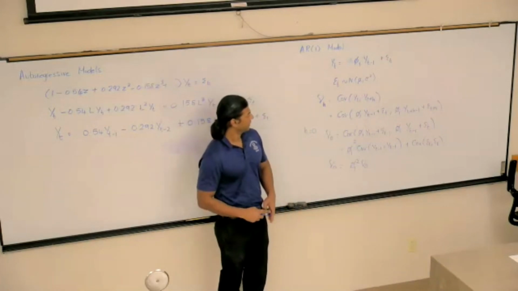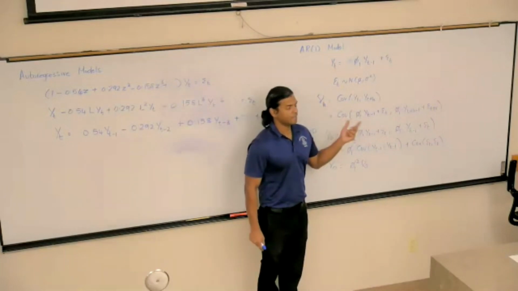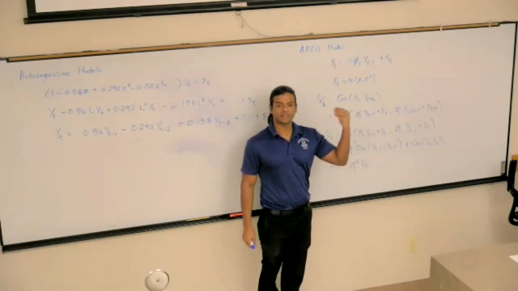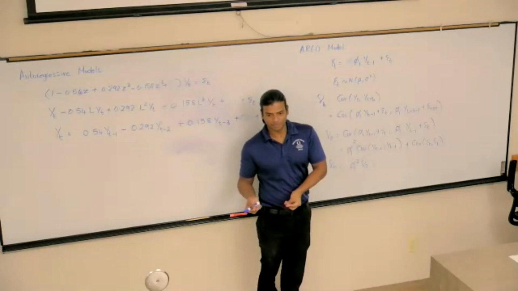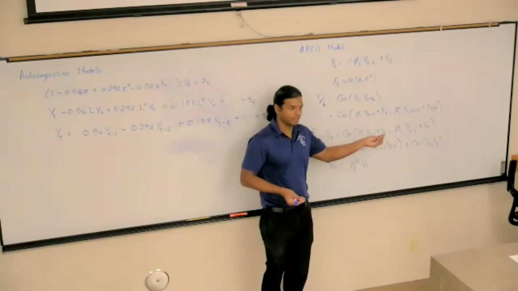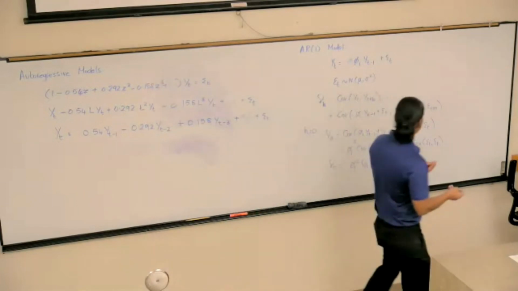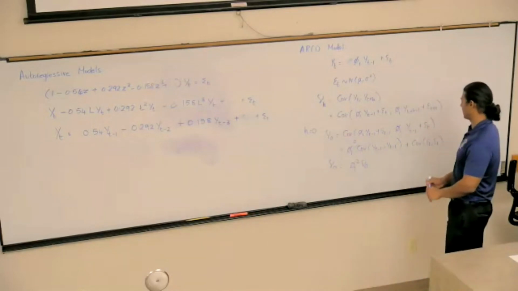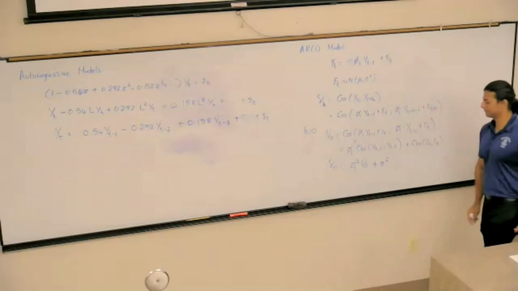The reason being, gamma naught is the covariance of yt comma yt. If you replace t by t minus 1, we're still talking about gamma naught, because the covariance of yt minus 1 comma yt minus 1 is still gamma naught. And this one is sigma squared.